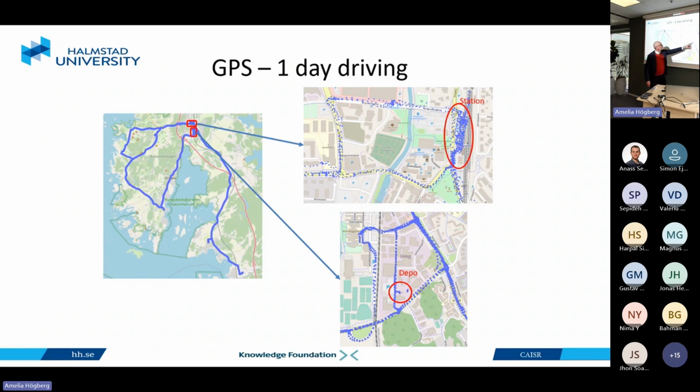Then they go out and typically drive up to the station or Resecentrum in Kungsbacka, and then they pick up their passengers. This particular bus company also had trips that went outside of central Kungsbacka, to Särö and places like that. So a typical case for one bus in a day.